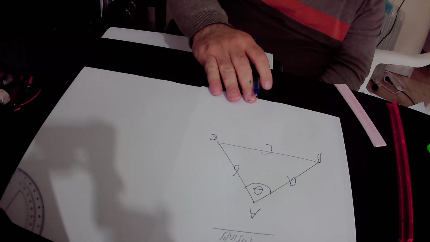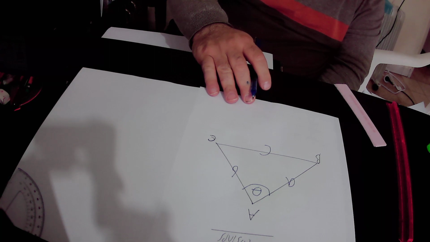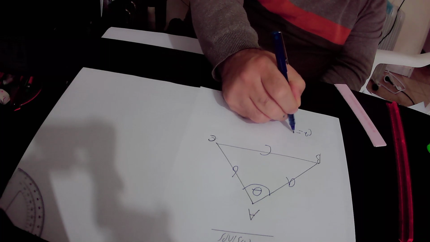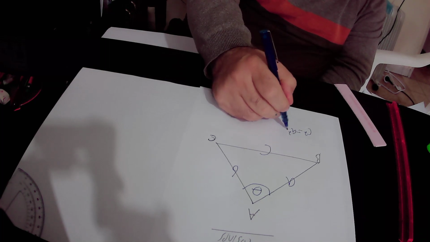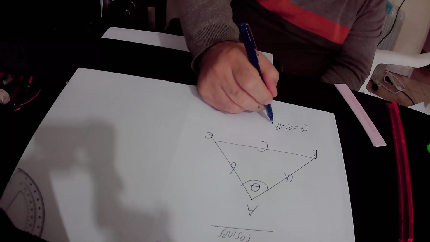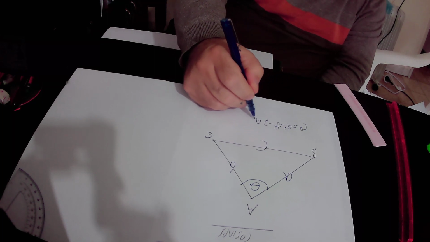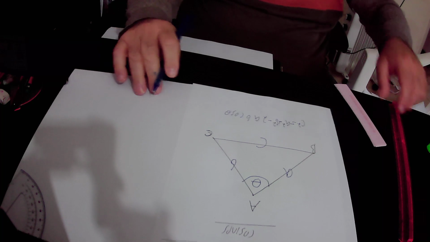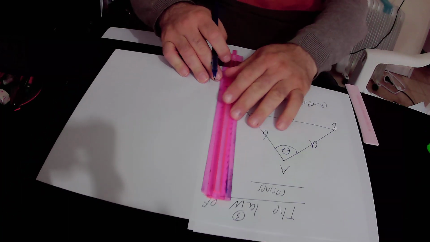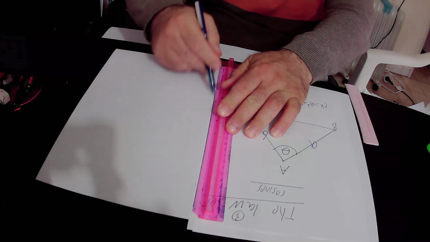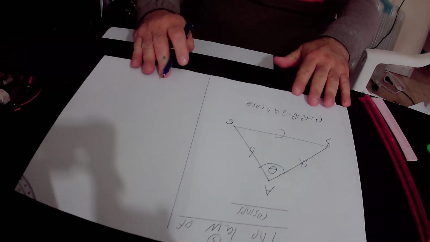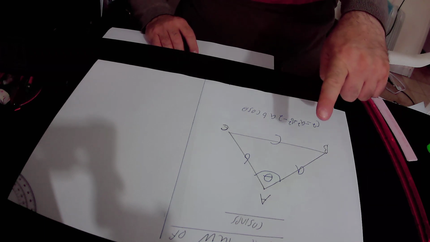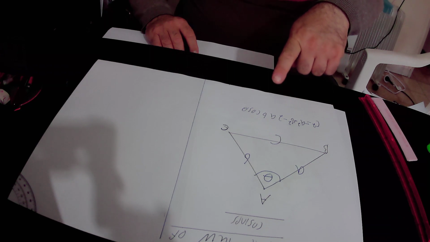Then, according to the law of cosines, C squared equals A squared plus B squared minus 2 times A times B times cosine theta. This equation is true in any triangle.